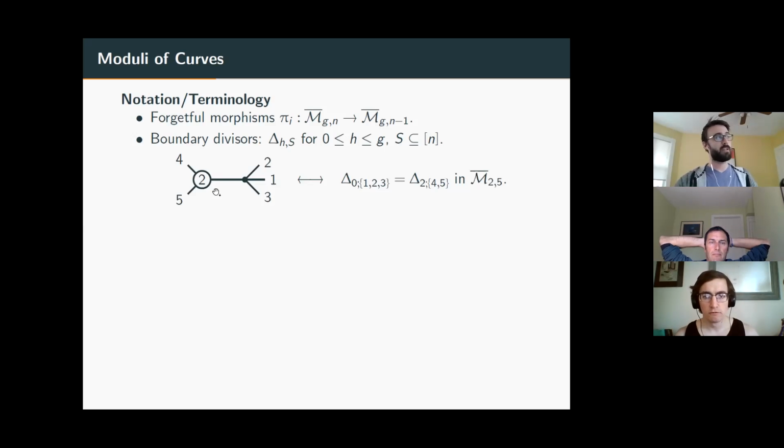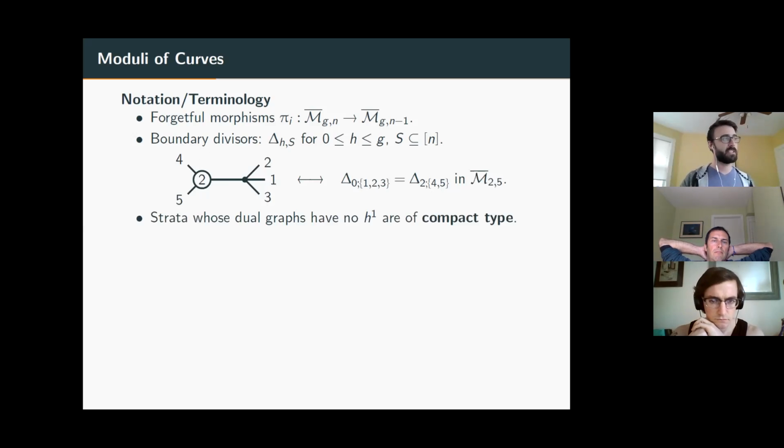Or you could prefer to think about the genus 2 component and write it as delta sub 2, 4, 5. And neither of these is enough information unless you tell me what space I'm in as well. Because if you only see 0, 1, 2, 3, of course you don't know that 4 and 5 are also floating out here. So this should be pretty standard, but there's a few different debates on what is best to use. This is what I'm using.